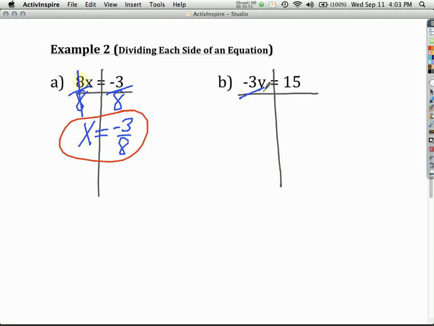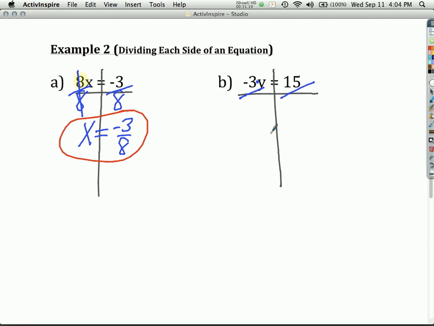The inverse is division. But what am I going to divide by? Here's the tricky part that people mess up. Three. So that's the mistake that a lot of students make: you're inversing the operation, so don't inverse the sign. This is times negative 3.